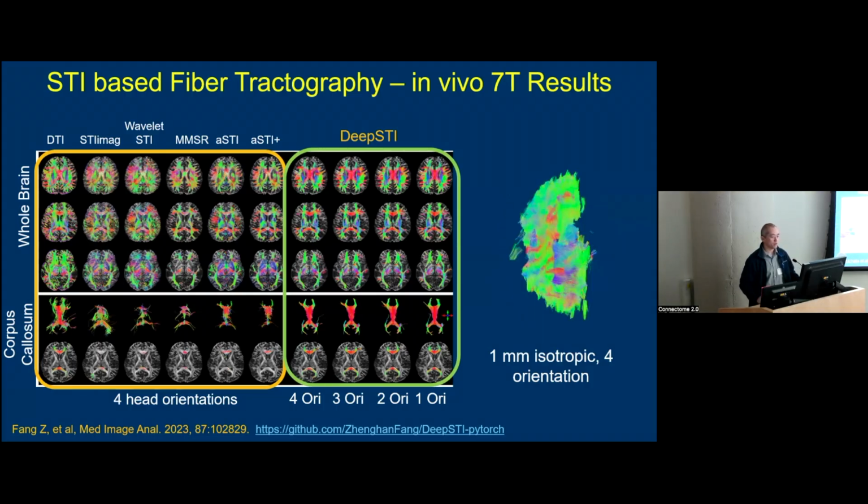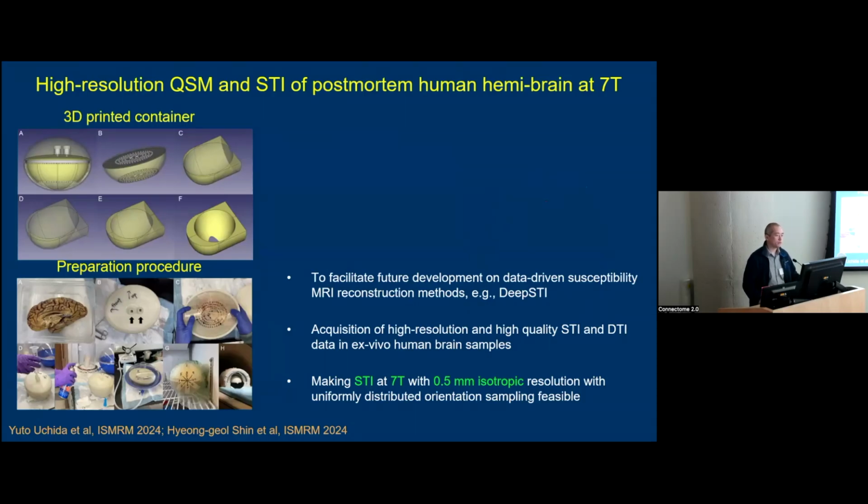So to facilitate high resolution STI, we first developed an STI protocol to scan post-mortem human brain samples at 7 Tesla. We developed a customized 3D container that allows us to do STI imaging on our human scanner.